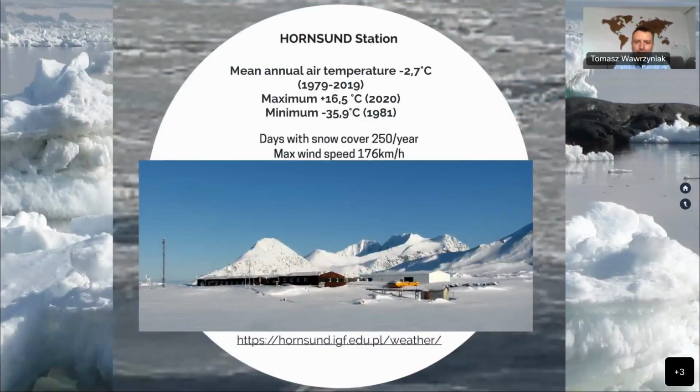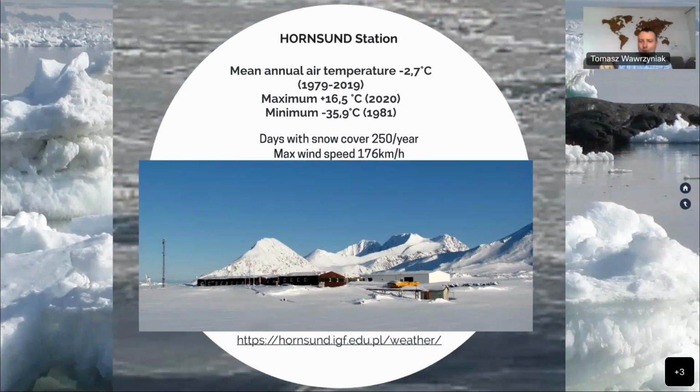If we look at the average temperatures for the period 1979-2019, we know that the annual air temperature is around -3 degrees at Hornsund Station, with the maximum that was recorded in 2020 at plus 16.5. But at the same time in 2020, we had different thermometers in valleys surrounding Hornsund Station.